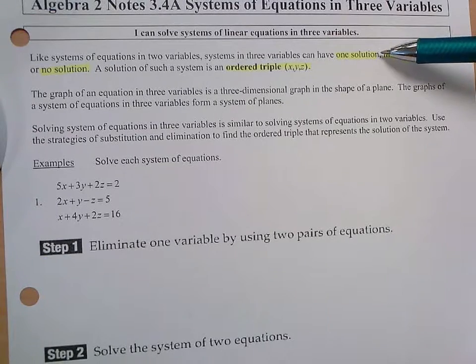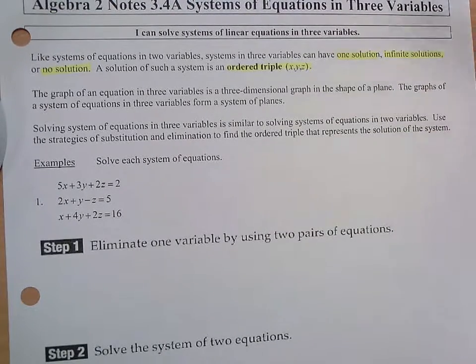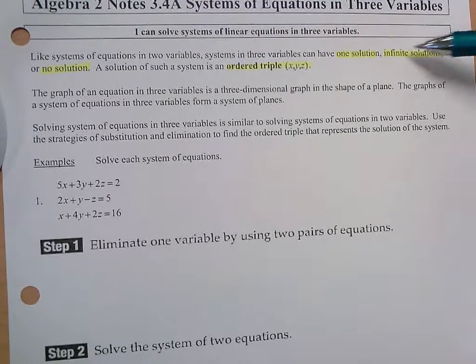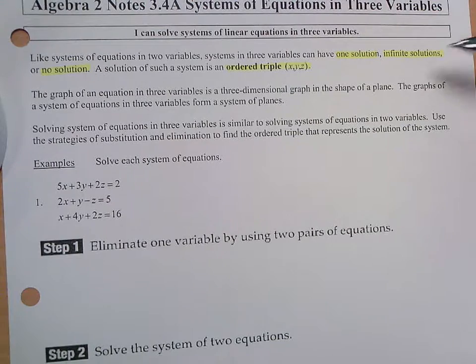So if you have one solution, your three planes are intersecting at one point, one ordered triple. If you have infinitely many solutions, there's a few things that could be happening.